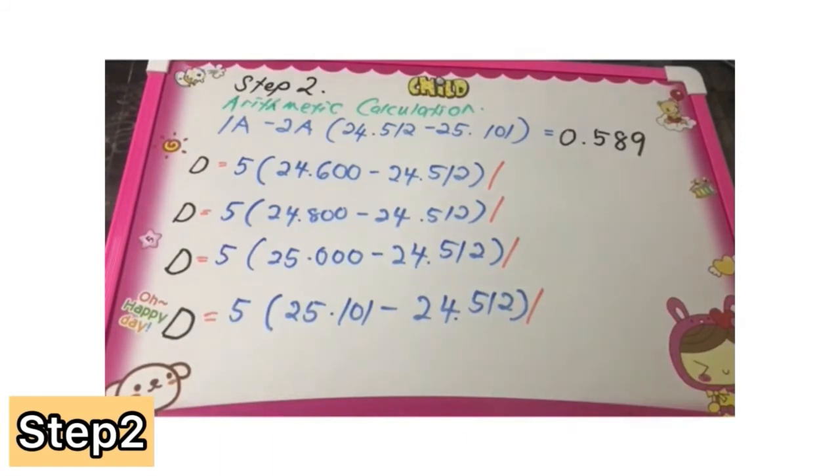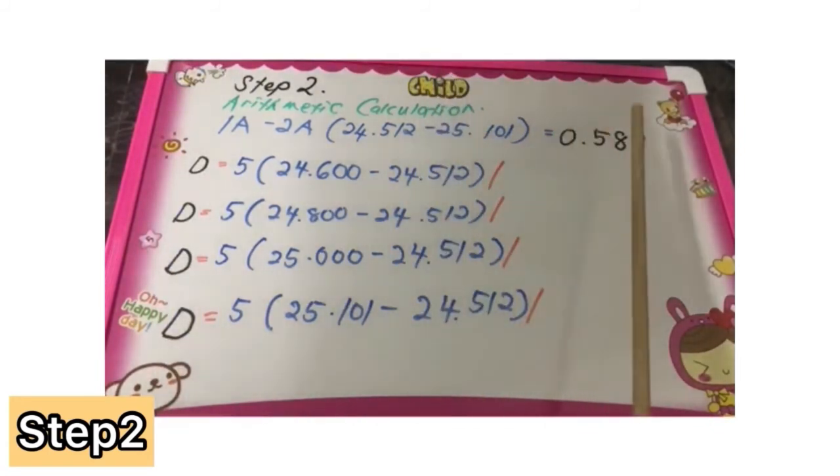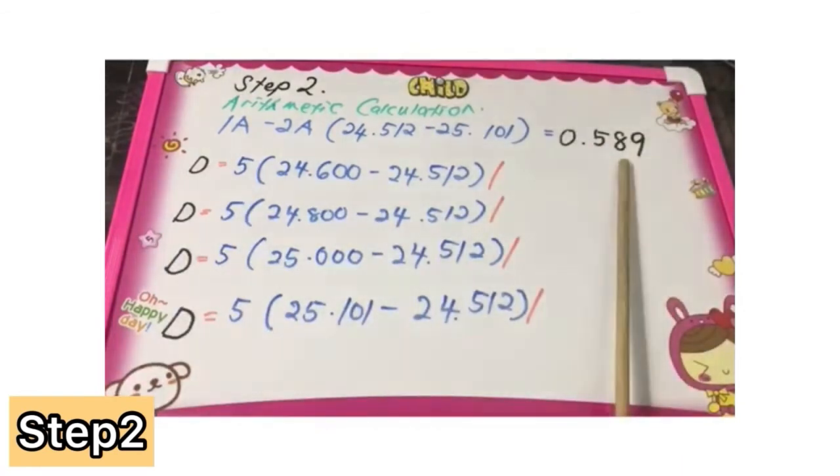The reason why we have to write number 5 here is because the number 5 is a value on the ground, and then this is the reduced level which we refer to from contour table, and this is the low point between 1A and 2A, and between these points, and then divide by what we subtract earlier, which is this is the result, and we need to write here.